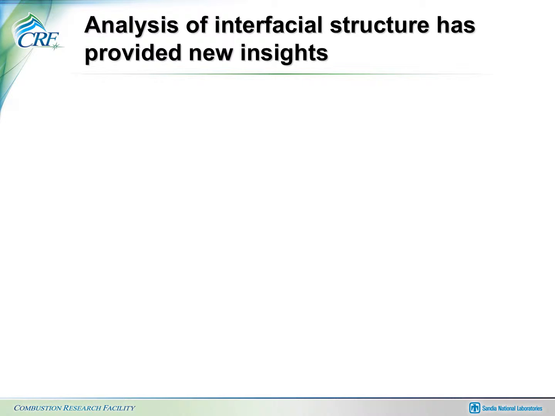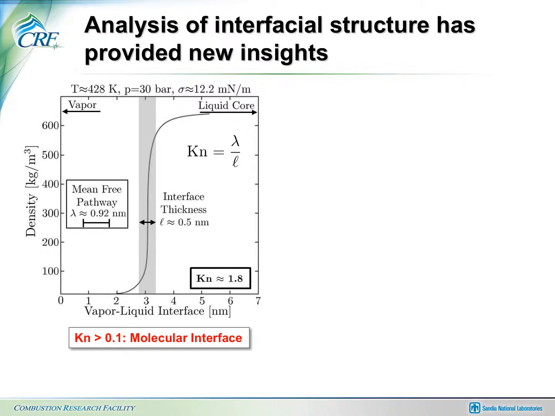So with that, let's look at the final results we get when we apply gradient theory in terms of the interfacial structure. I've kept this very simple for now because I only want to highlight a few things. First, if we look at the conditions where we know we have drops, we see a lot of things we expect. For example, at the top of the plot, the surface tension is 12.2 millinewtons per meter. You're looking at the profile of density across the vapor-liquid interface.